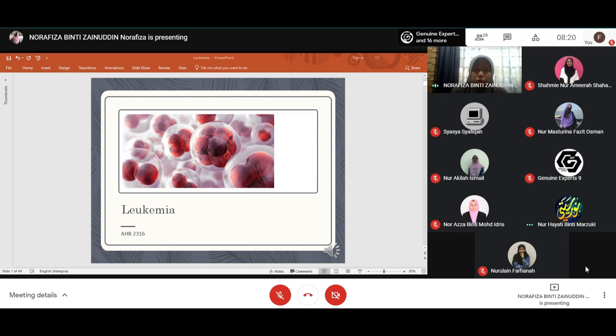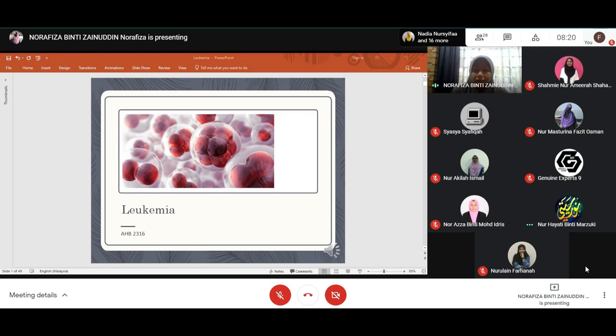To have this working nomenclature of leukemia, the WHO classification will combine all these morphologic, immunophenotypic, genetic, and also the clinical features, the clinical presentations of the patient.